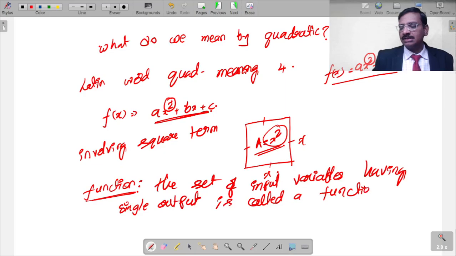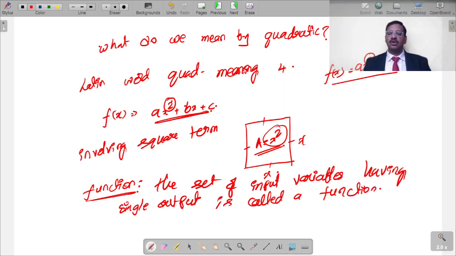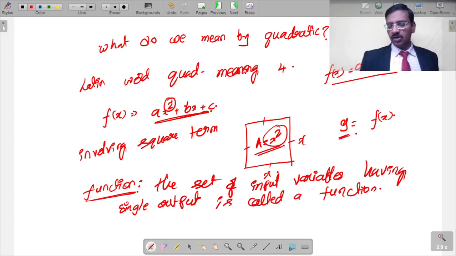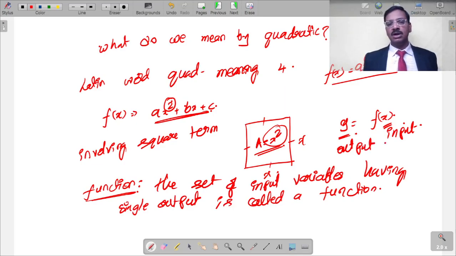That means a set of input variables having one output. Suppose I call this y is equal to f of x. Here y is the output and x is the input. So this is the input and this is the output, and it has to be only one output.